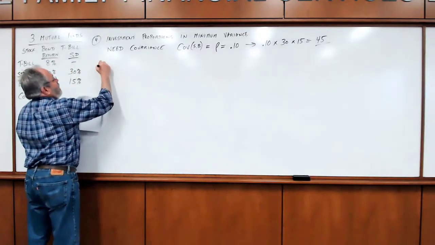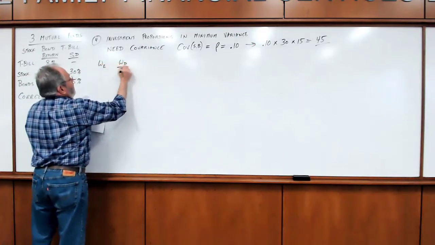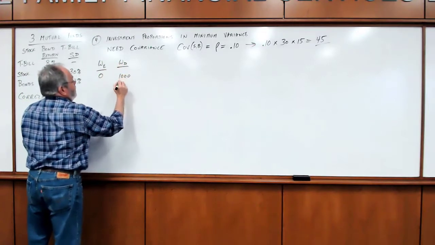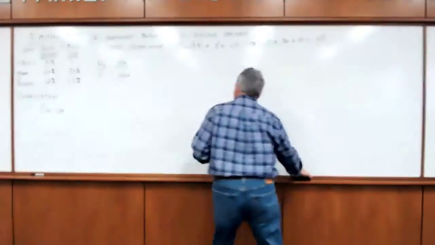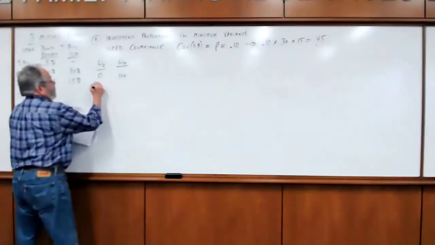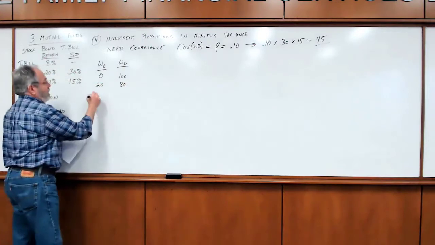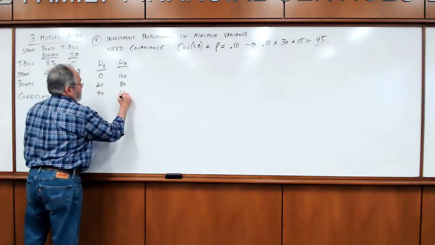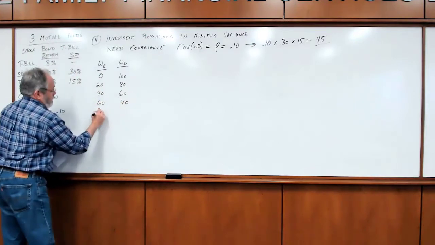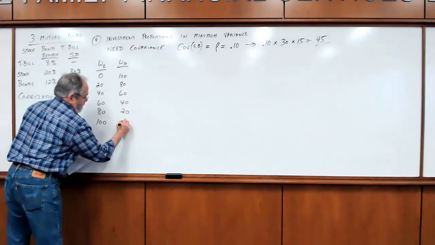We have weight in equity, weight in debt. So clearly this would be 0 and 100. Then 20 and 80, 40, and so on.